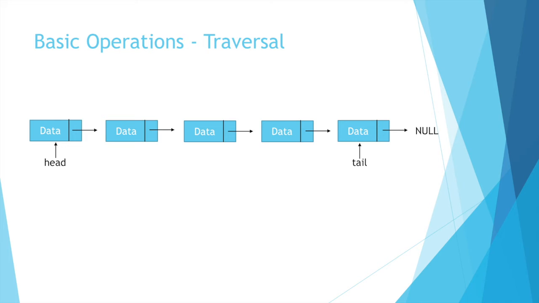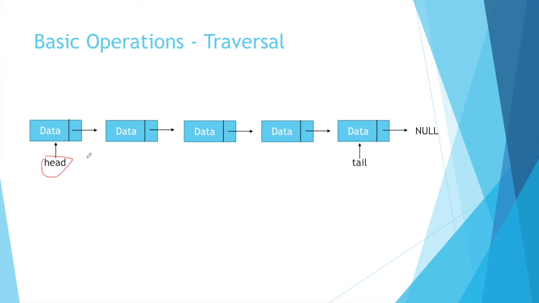Now, a lot of times, beginners make mistakes when they ask, how do I traverse a linked list? It's a singly linked list. I obviously cannot come back. I can only go forward. So I cannot use tail at all over here. But I can obviously use head, right?